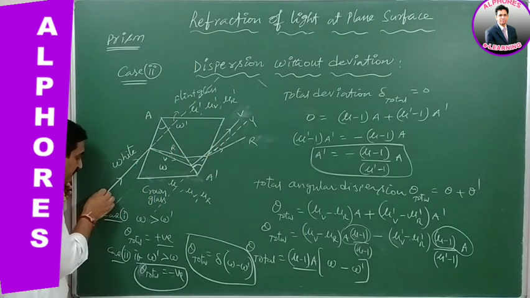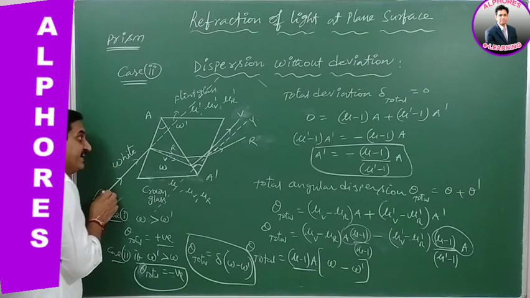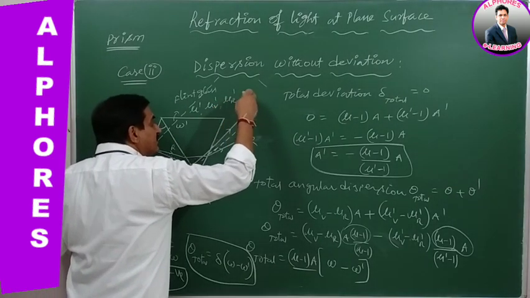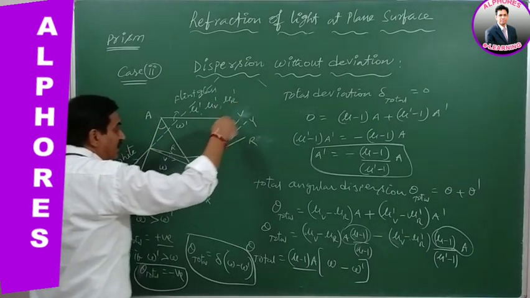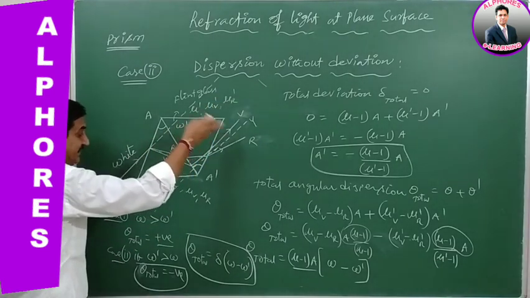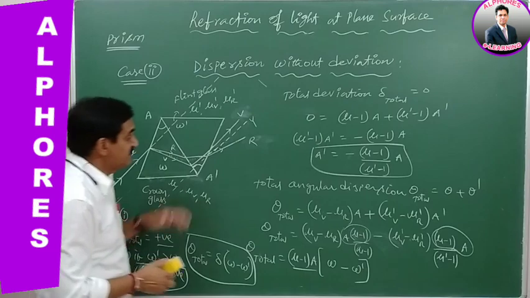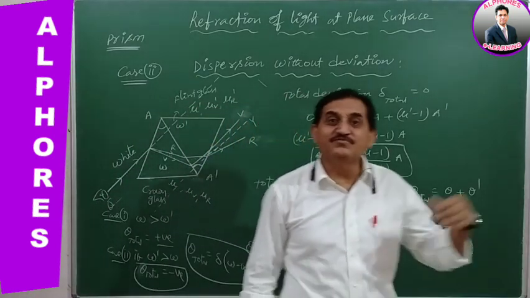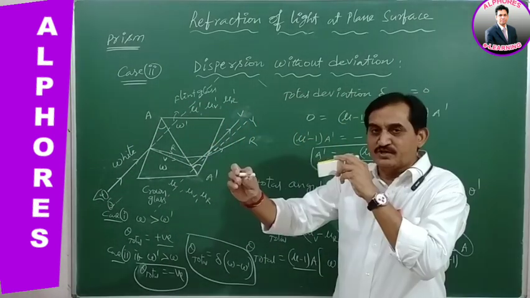When we are observing from here along the incident ray, you can directly see the spectral lines on the spectrometer, therefore it is directly seeing the spectrum. Therefore this combination is said to be a direct vision prism.